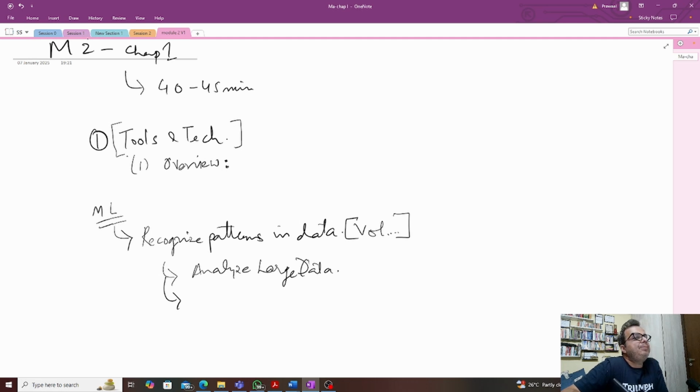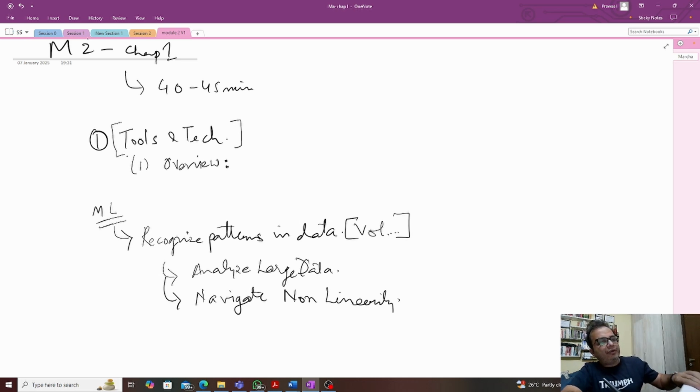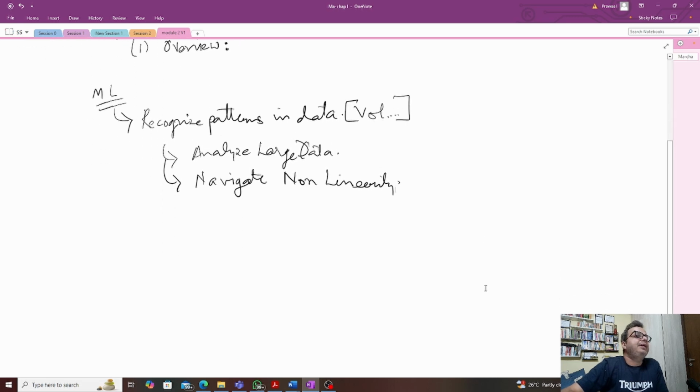It will also help you to navigate non-linearity. When I say non-linearity, what it means is that not all the data can be linearly distributed or correlated. If there are complex forms of relationship between variables, machine learning will help you to understand that as well.